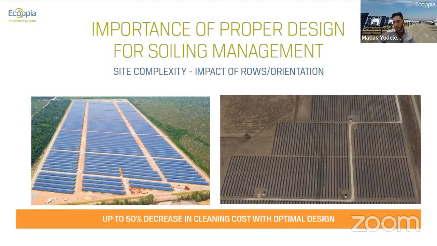According to our experience, whenever you have an optimal design, you can see a decrease of the cleaning costs of up to 50%, which obviously is very impactful when we consider the low margins that we are witnessing in the industry.